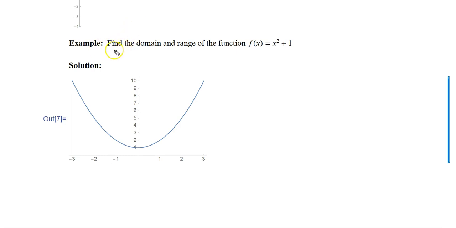Now let's consider this example. We want to find the domain and range of the function f of x equals x squared plus 1. So first of all, let's think about the domain. What are all the numbers x that we can plug in here and have this function be defined? Well, there's really no restriction on what we can plug in here for x.